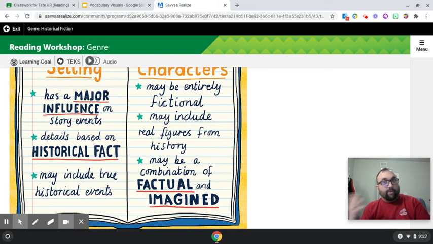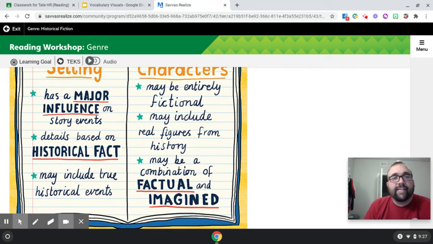But again, the story's fiction, right? So it didn't actually happen. And then it may include true historical events. So it might include historical events, but it's not a true story. You should keep remembering that. It's set in a true time and place, but with a fictional story.